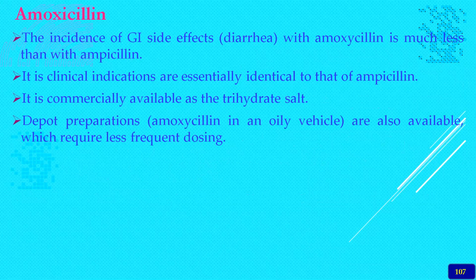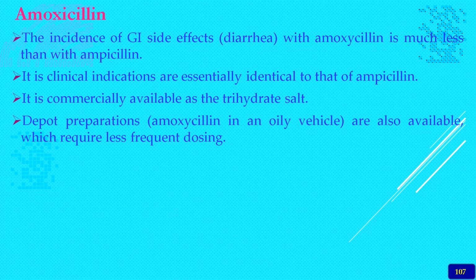The incidence of GI disturbance, especially in the case of amoxicillin, is very, very low when compared to ampicillin, because amoxicillin is not going to kill the intestinal or required microorganisms by the specific mechanism. It is indicated for the same uses as ampicillin.